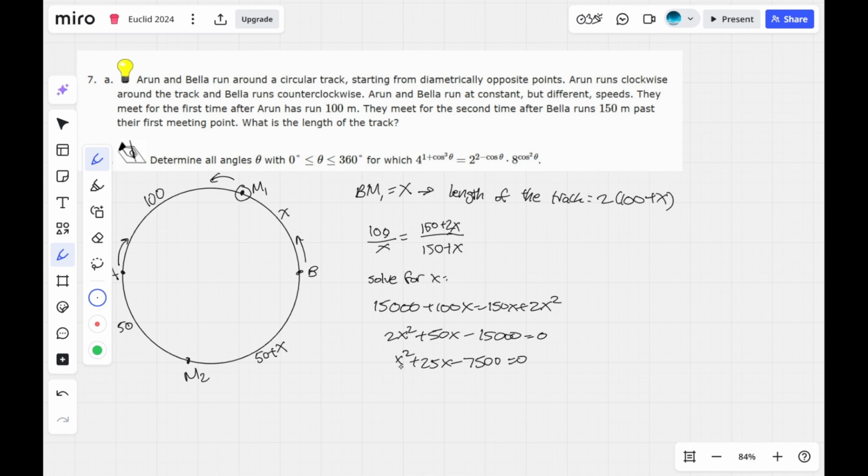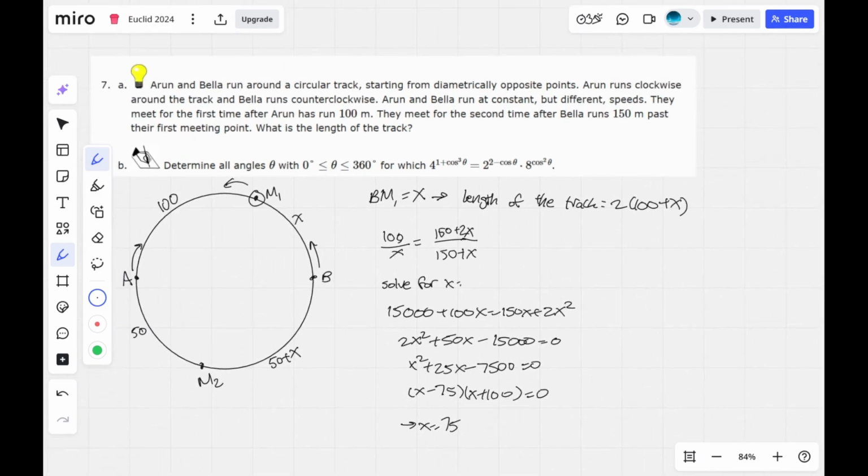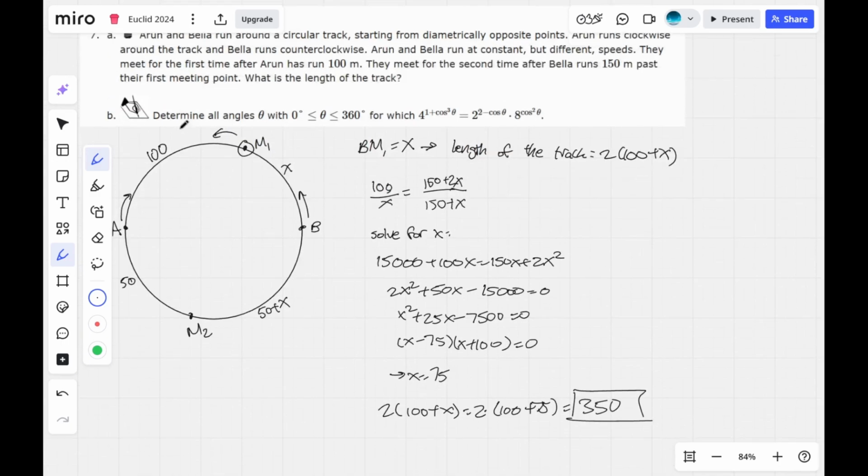Now we can factor this to see that x minus 75 times x plus 100 is equal to 0. Obviously x can't be negative, so x is equal to 75. We want to find the length of the track, which we already said is 2 times 100 plus x, which is 2 times 100 plus 75, which is 350. So that is our answer to 7a.